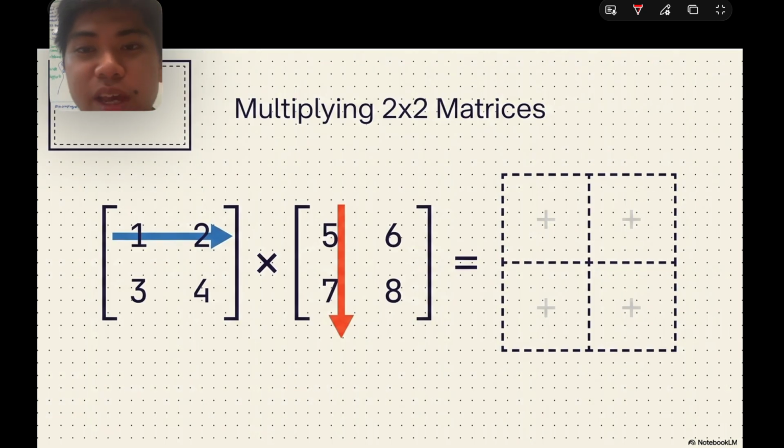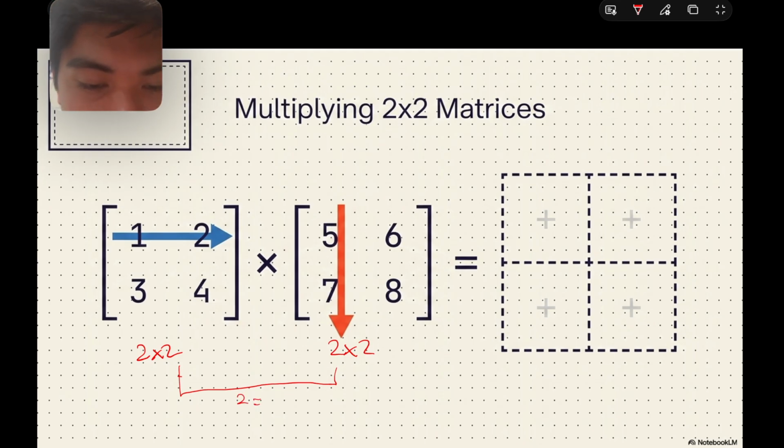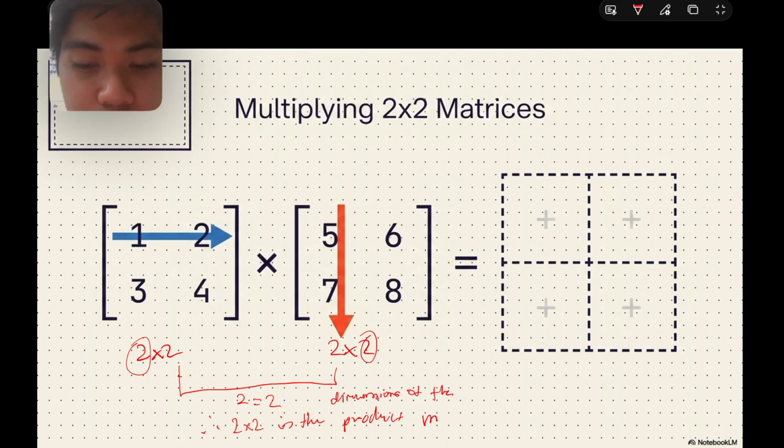So let's multiply these 2 by 2 matrices. Again, we have a 2 by 2 matrix and a 2 by 2 matrix. These inner dimensions are equal, so 2 equals 2. Therefore, looking at our outer dimensions, 2 by 2 is the dimensions of the product matrix.